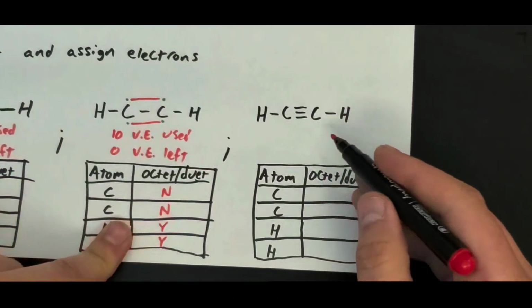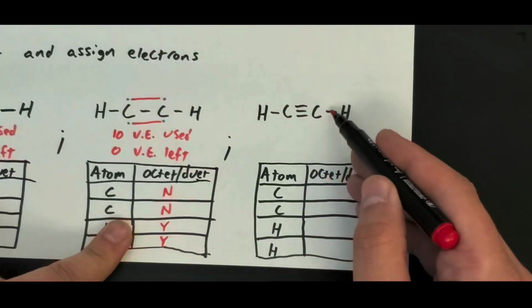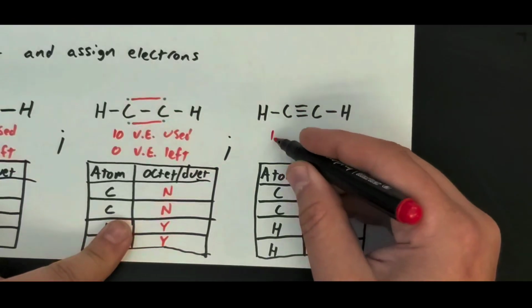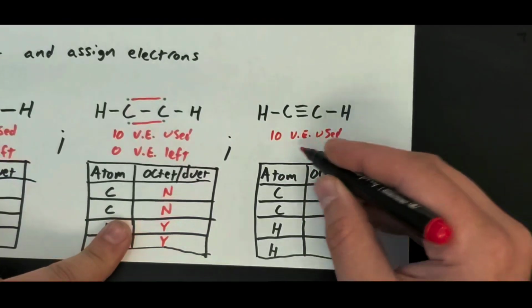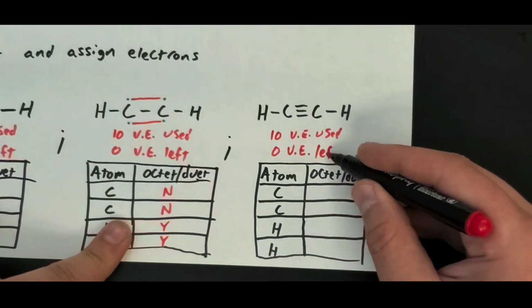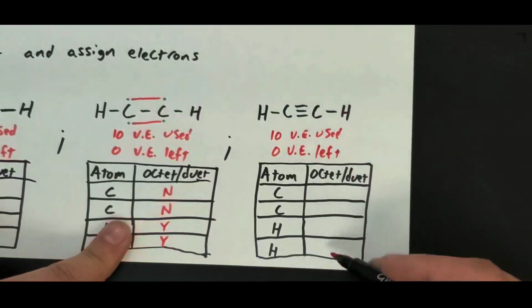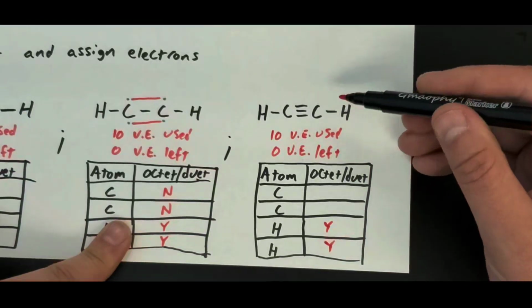Each bond represents 2 electrons, and we have 1, 2, 3, 4, 5 bonds, so 10 valence electrons used, meaning we have no valence electrons left. For our hydrogens, they're both still happy with their duets filled.